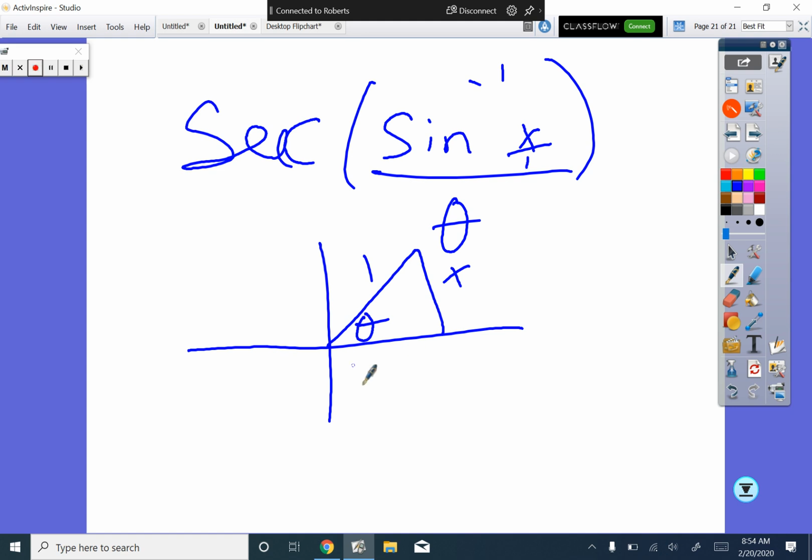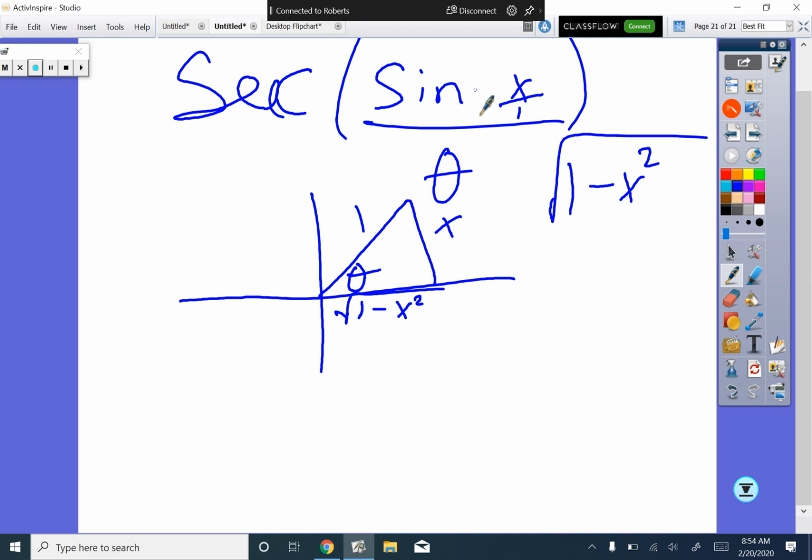How would I find this side right here? That would be the square root of 1 minus x squared. Right? Okay. And then, there it is. So now this is asking us to find the secant of theta, basically. And what is the secant of theta?